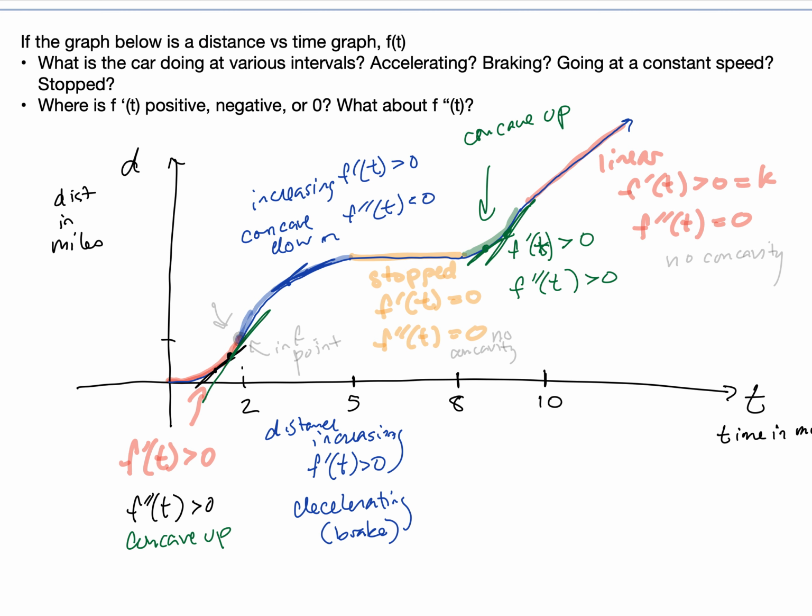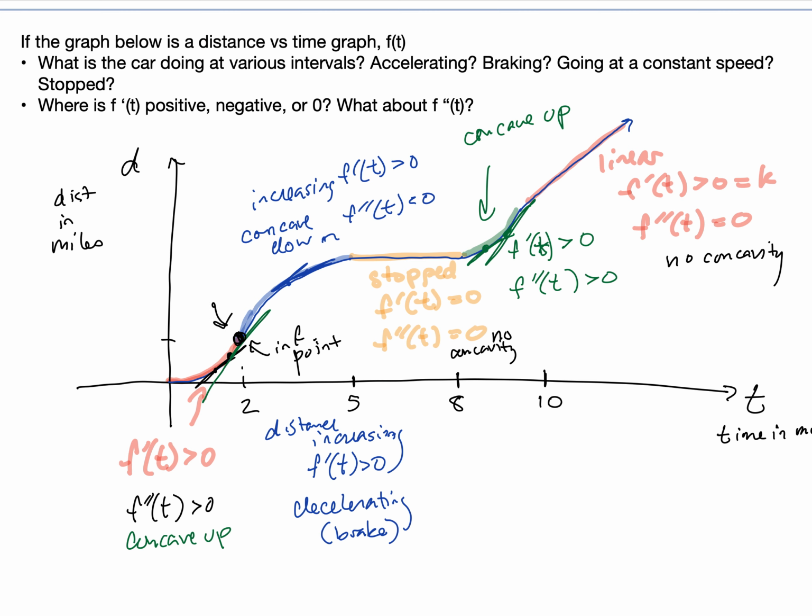And so our only inflection point is right about here, where we change from being concave up to concave down. Here there is no concavity when the second derivative equals 0, and here also there's no concavity because the second derivative is 0 over the orange and red sections.